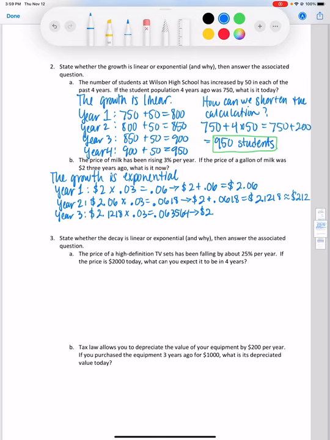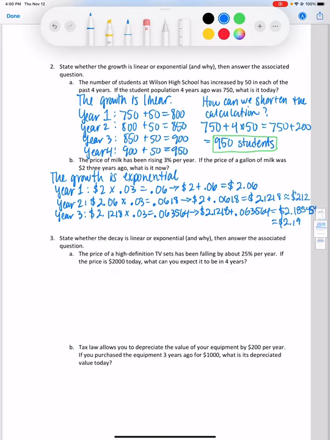Now we're going to add that onto our $2.1218, and we get 2.185454, which is about equal to $2.19. Okay, so that's 3 years.